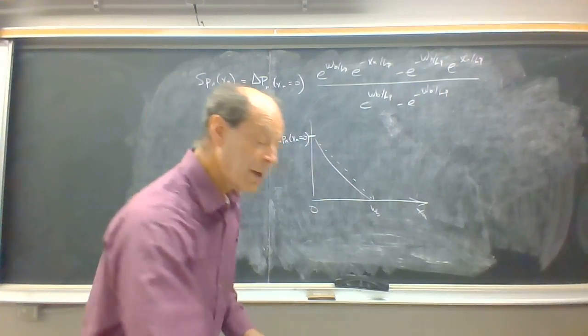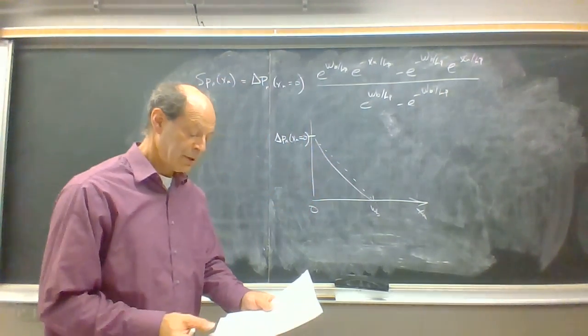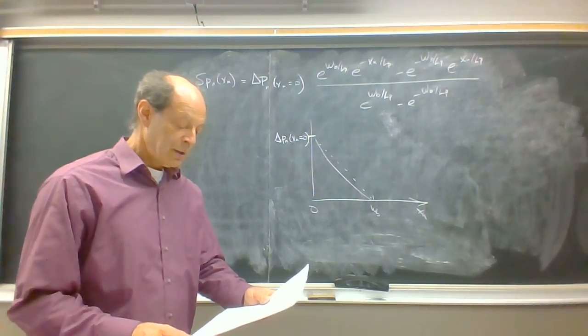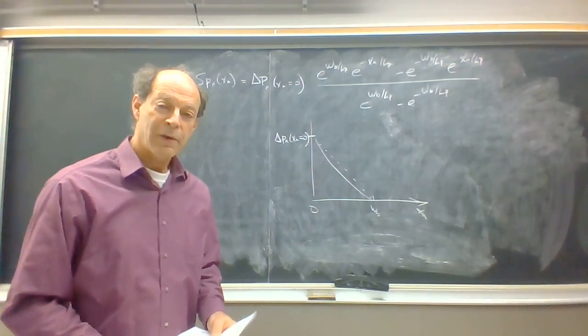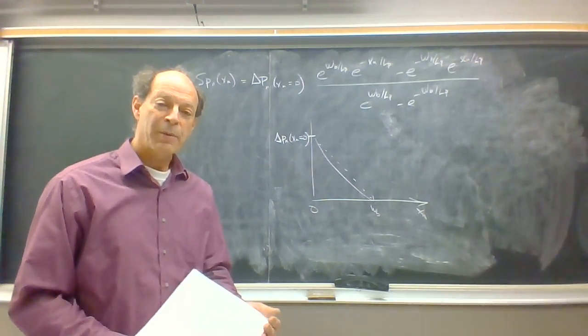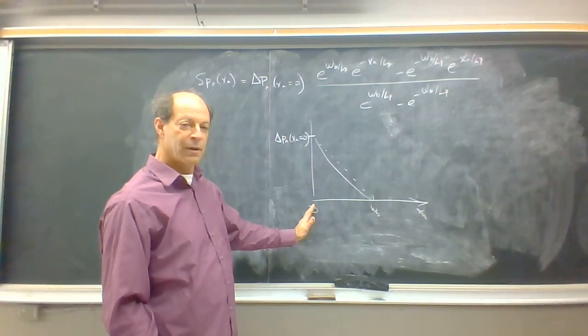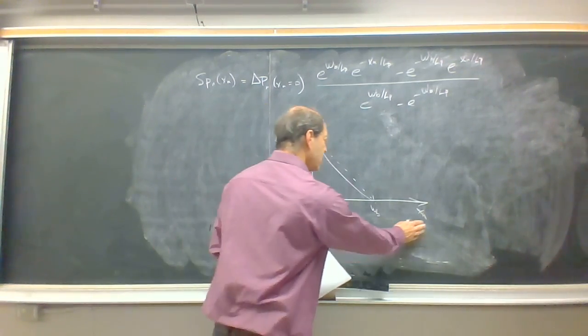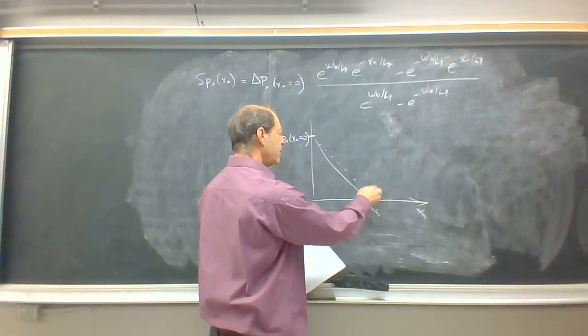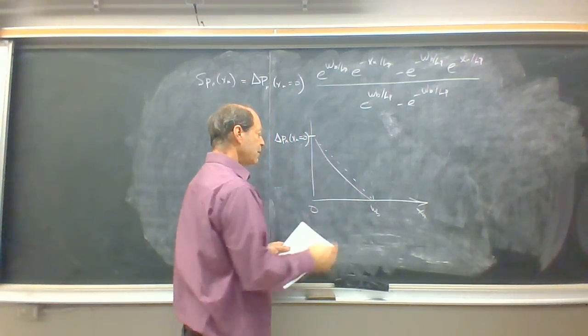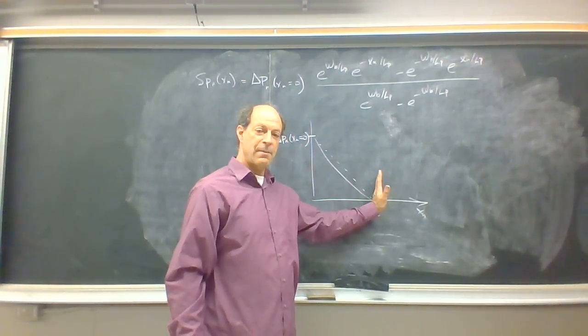Now, in order to make use of this carrier concentration, we'd like to calculate the current flow. We want to know how much current is flowing into the base at x sub n equals 0, and we want to know how much current is flowing out of the base at x sub n equals wb.